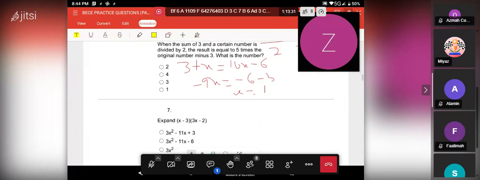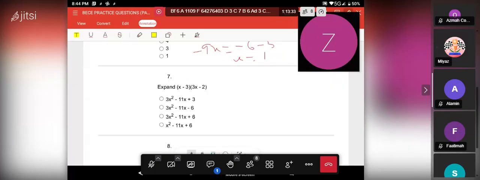Expand this. Open bracket 3x minus 2, close bracket.